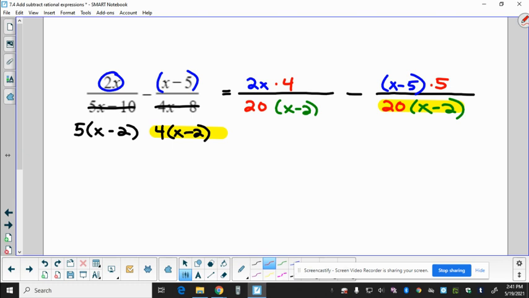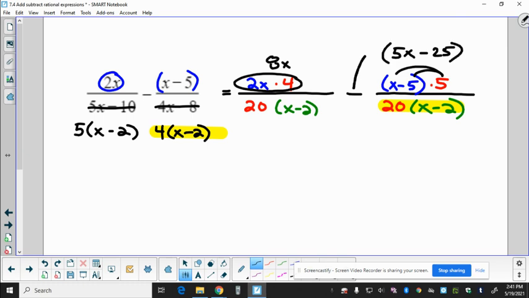Okay, so what I'm going to do is, how about I do a little bit of work up here? That's 8x, isn't it? Think about distributive property. That'd be 5x minus 25. And this is going to move through there.